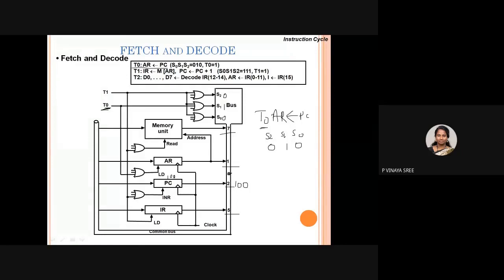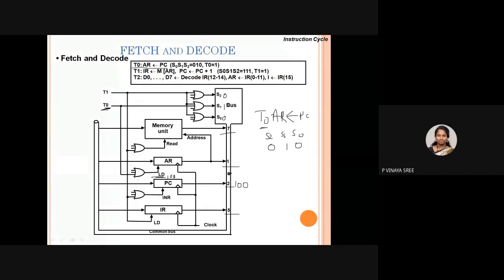Now the next step is what? Placing it inside the common bus structure is not our target. Our target is to load this inside the address register. With the help of this, it goes to memory, then it fetches and places it in the instruction register. That is my target. So to load it into the address register, I need to make this load pin high.